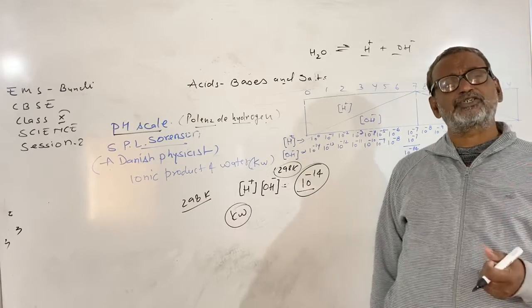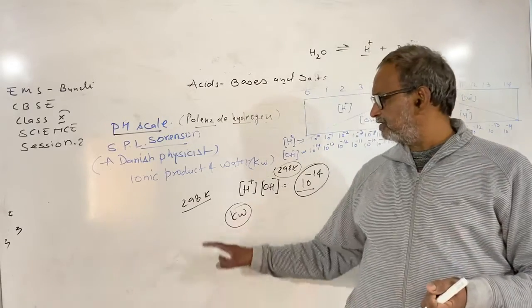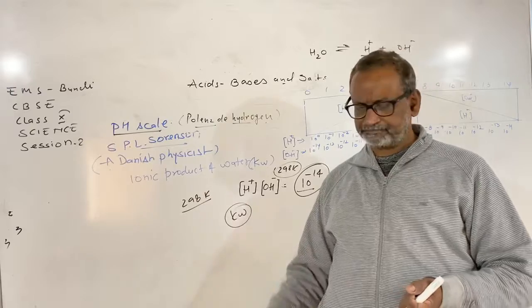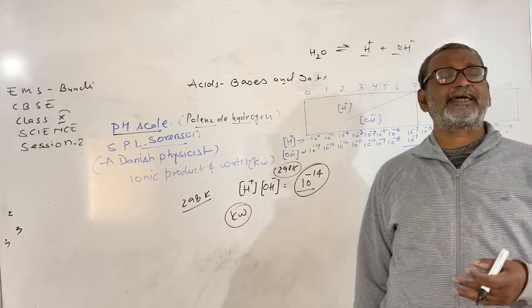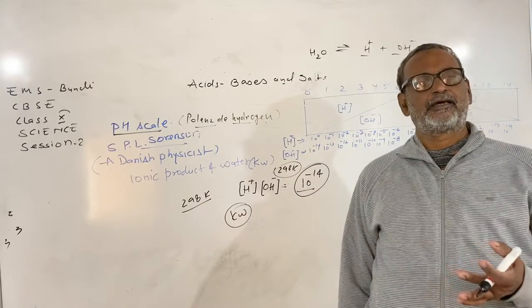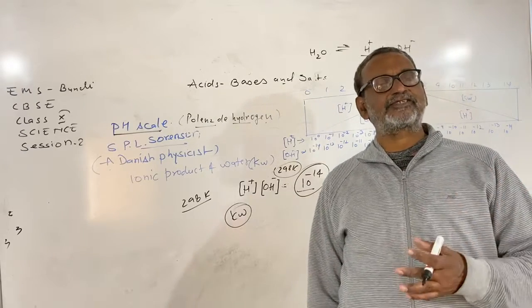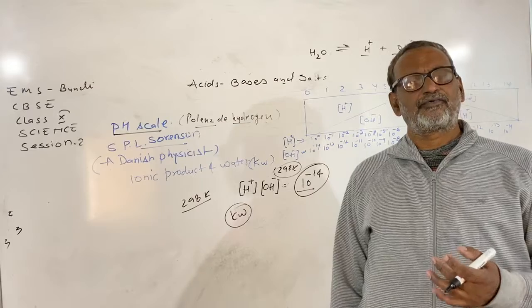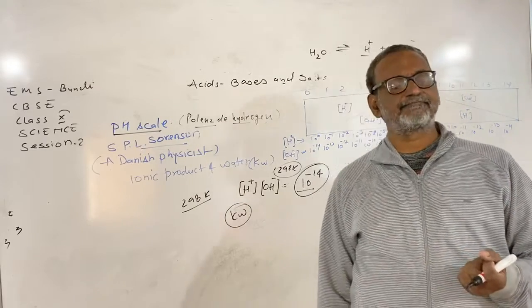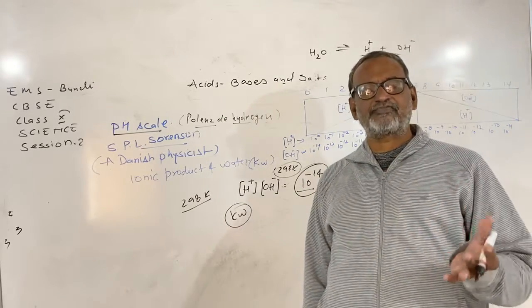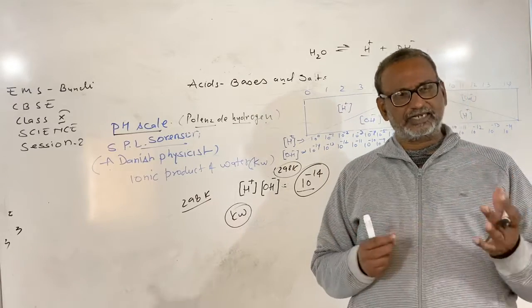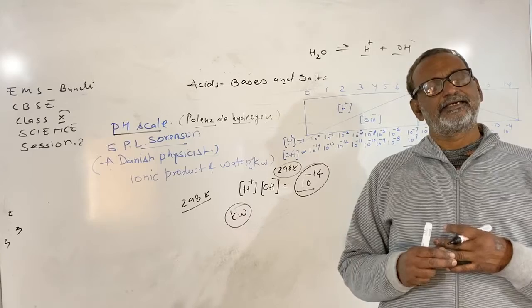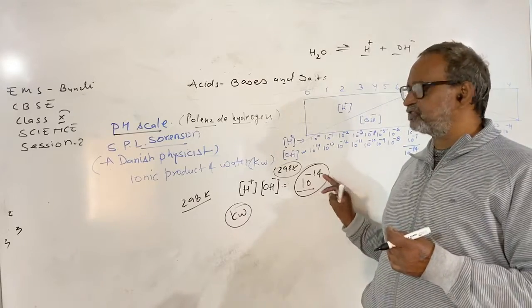This is a constant value for this temperature. So water at 298 contains hydrogen ion and hydroxide ion in very low concentration, and the product of hydrogen ion and hydroxide ion in water at 298 is equal to 10 raised to the power minus 14.